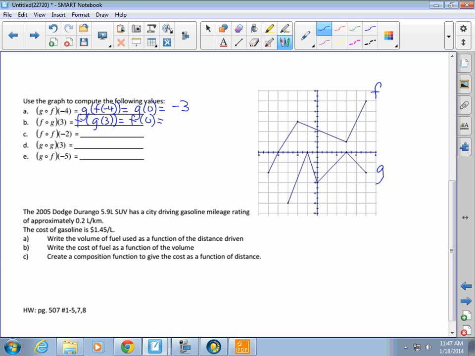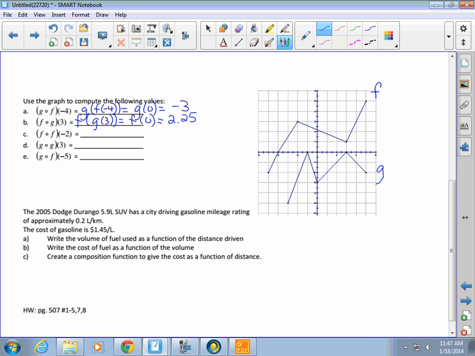When x is 0 on my f function, what is my y? Well, it's up here, maybe 2.25. It's an approximation, but it'll work.